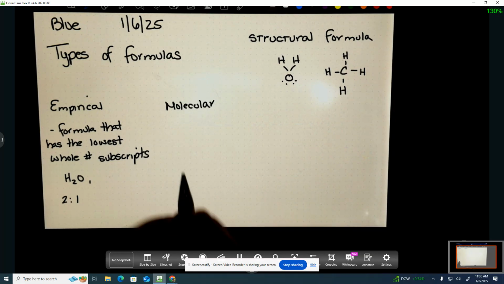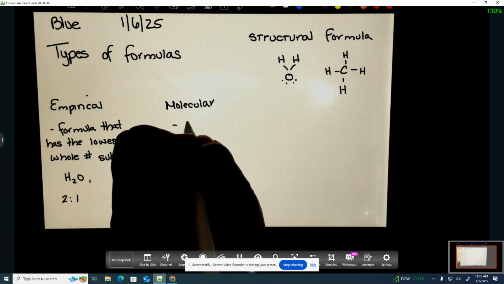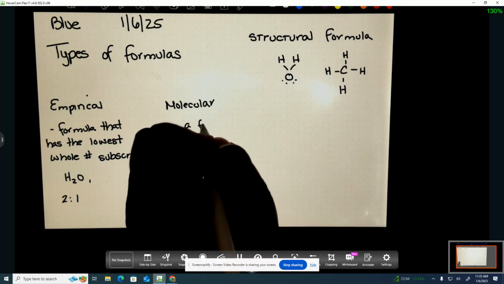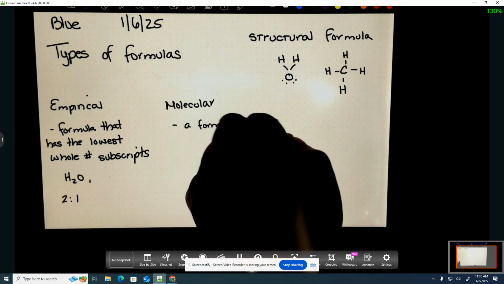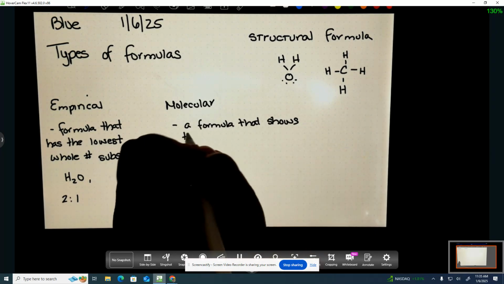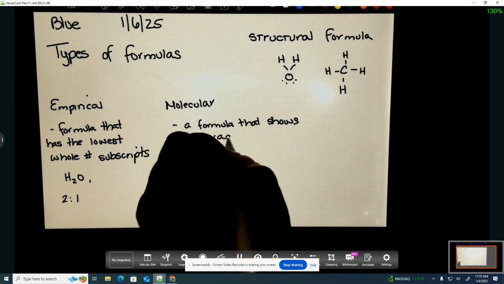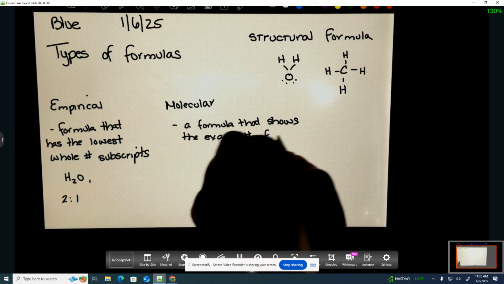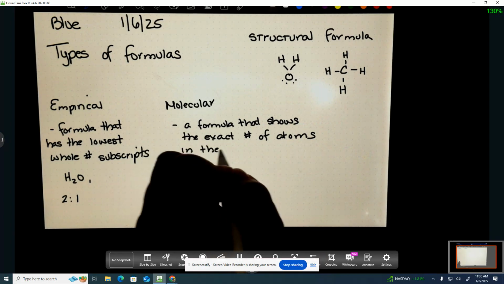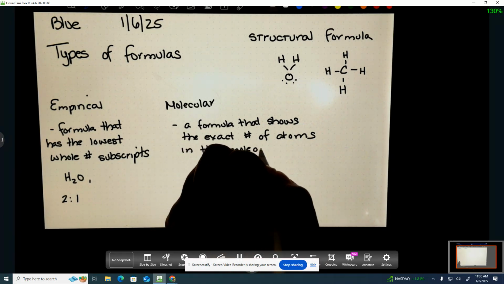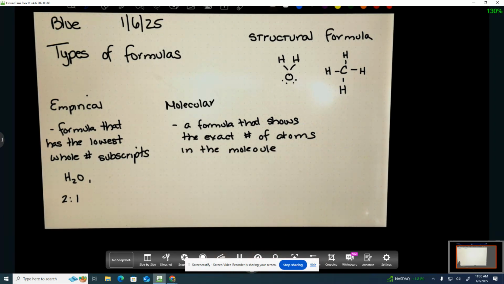A molecular formula is a formula that shows the exact number of atoms in the molecule. That's a C. I don't know why it looks like an O, but it's a C. Okay.